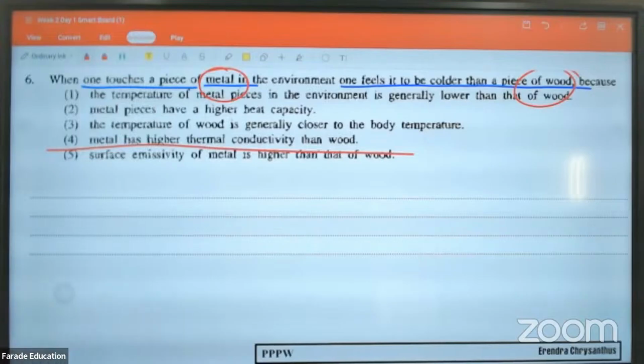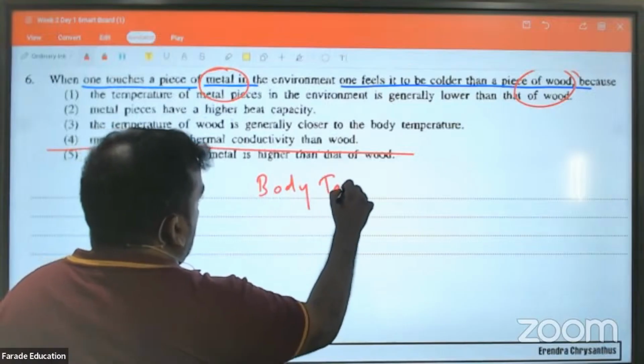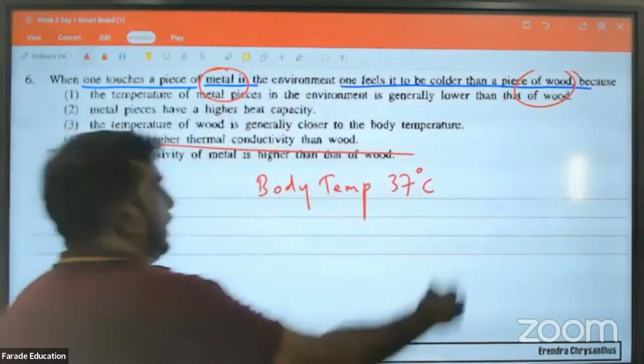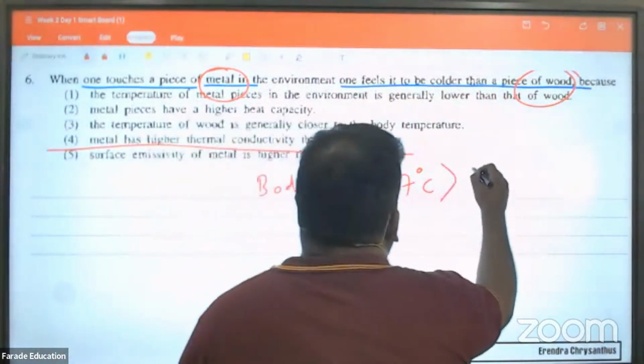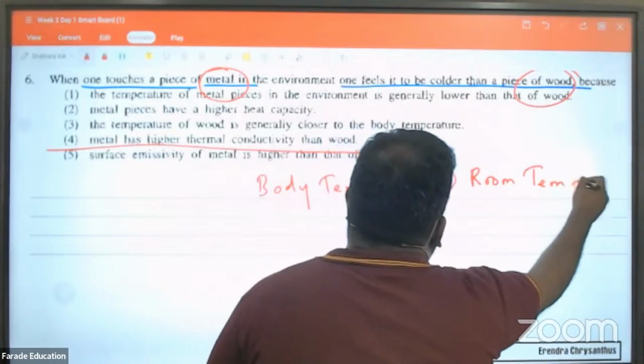The reason that we feel it's much cooler is because our body temperature is greater than the environment temperature.